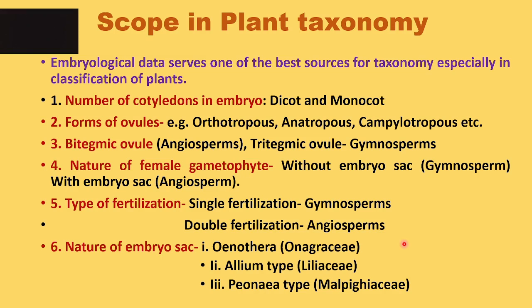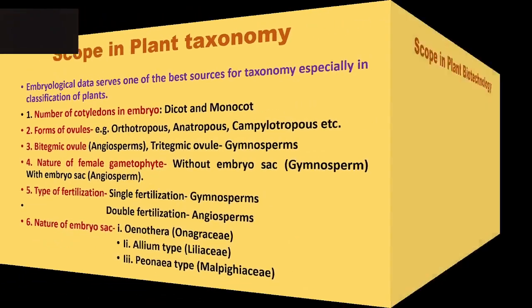For example, the Oenothera type of embryo sac is the characteristic feature of the family Onagraceae. Then the Allium type of embryo sac is the characteristic feature of the family Liliaceae, and the Peonia type of embryo sac is the characteristic feature of the Paeoniaceae family.